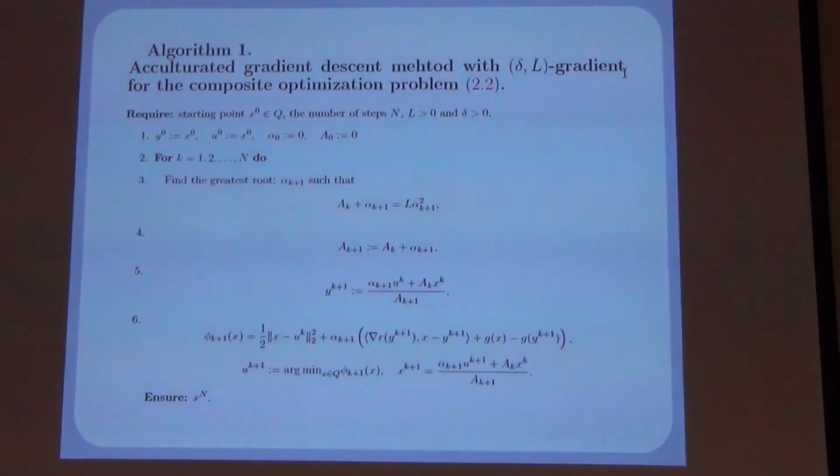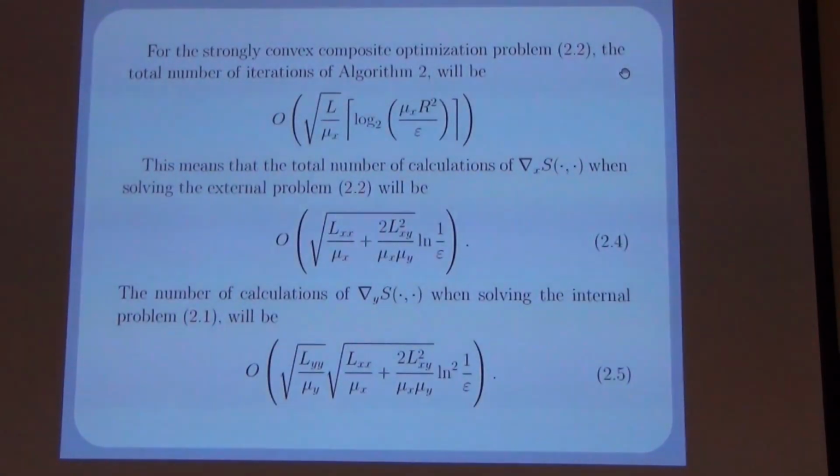As a result of using the technique of restarts of this algorithm, we have the following complexity, and since L is equal to Lxx plus 2 Lxy squared over mu y, we have the following complexity for solving the external problem in our convex concave saddle point problem.